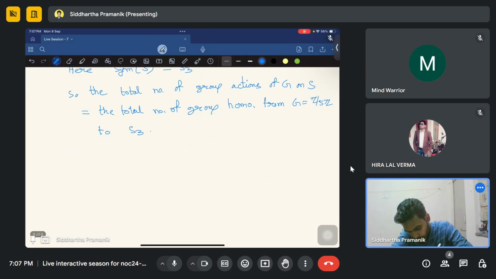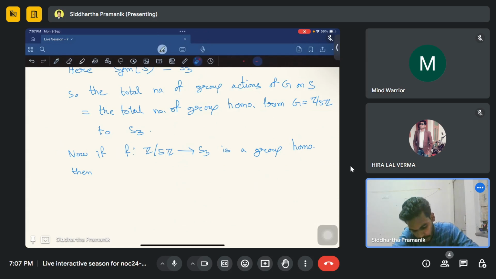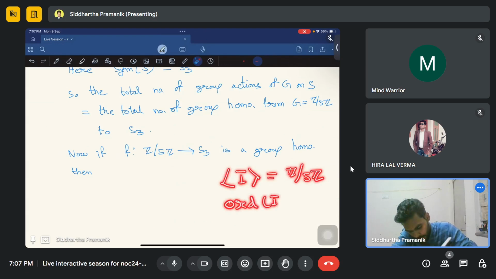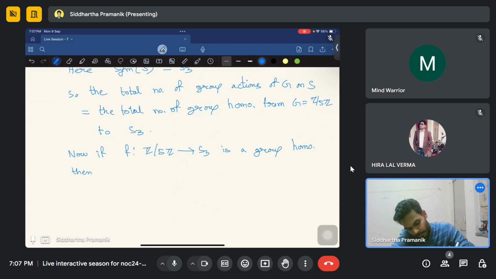Okay. So now if f from Z mod 5Z to S3 is a group homomorphism, then observe that Z mod 5Z is a cyclic group of order 5 and 1 bar is a generator of Z mod 5Z, right? So the order of 1 bar is 5.